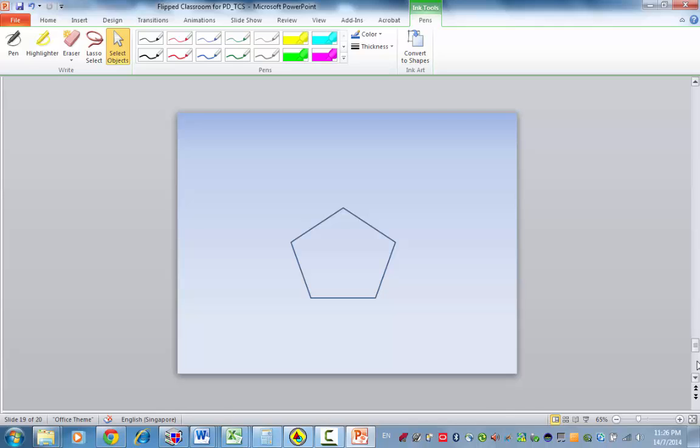Now let's look at this pentagon again. Let's say I choose to draw my extension the other direction.